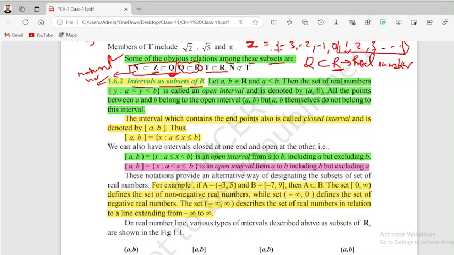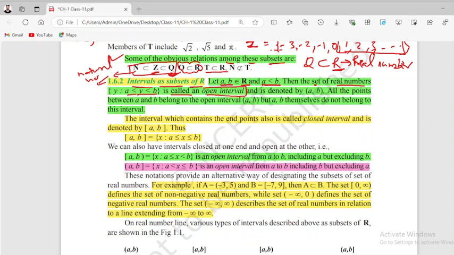the real numbers. So let us discuss the interval. What is an interval? Let a and b belong to the real numbers and a is less than b. Then the set of real numbers we can represent like this, y such that a less than y less than b, is called an open interval.